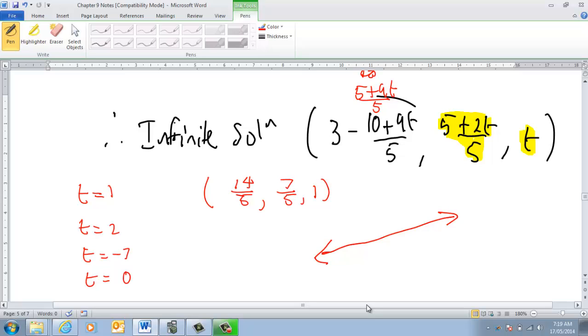You don't have a choice. And we're equating things for what makes sense. So obviously, we have no solution when you have an inconsistent equation, we have an infinite number of solutions if we have our parametric form, like we've got here. And you can also have a unique solution as well, depending on how that works out.